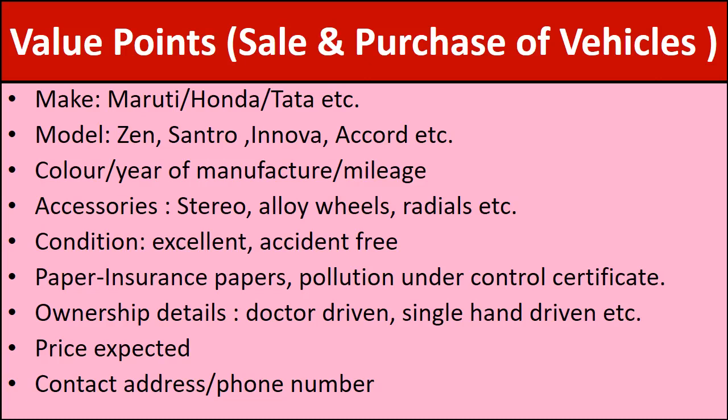See students, here you have to discuss the make, whether the vehicle is of Maruti, Honda, Tata, etc. Then you must mention the model, that is Zen, Santro, Innova, Accord, etc. And please tell the color, year of manufacture and mileage, that is the total distance covered. Then accessories like stereo, alloy wheels, radials, etc.